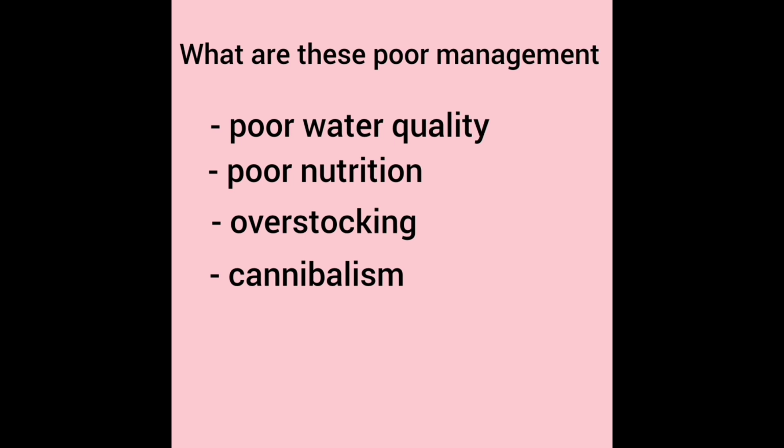This overcrowding can make the fish begin to fight for space, and by the time they try to move around, it will also result in injury to their fins, and that can also result in fin rot. And lastly is cannibalism. Catfish have every tendency of cannibalism in them, which will also result in fin rot.